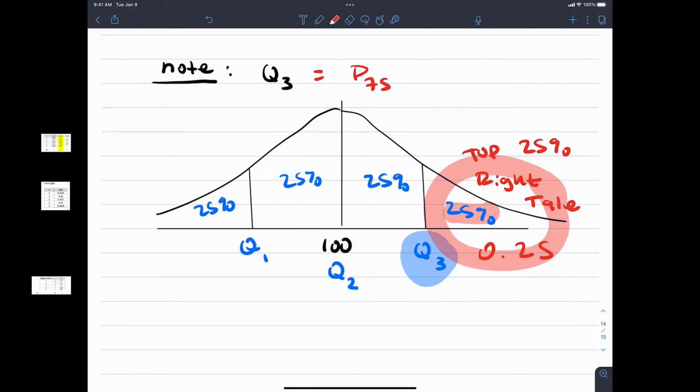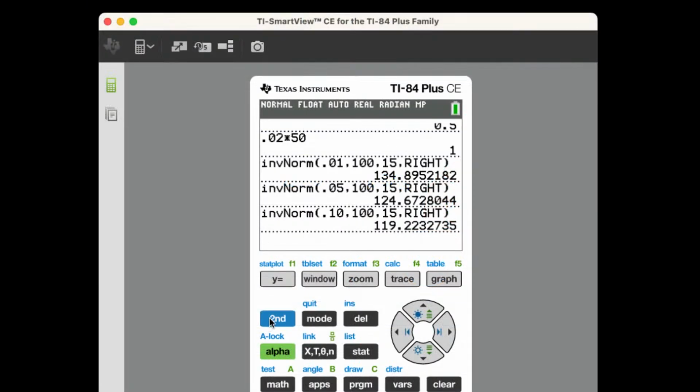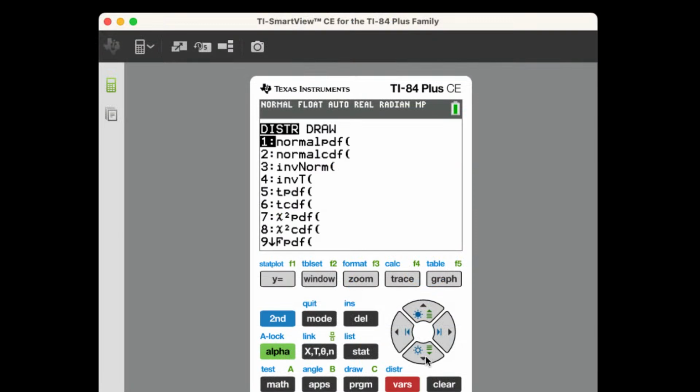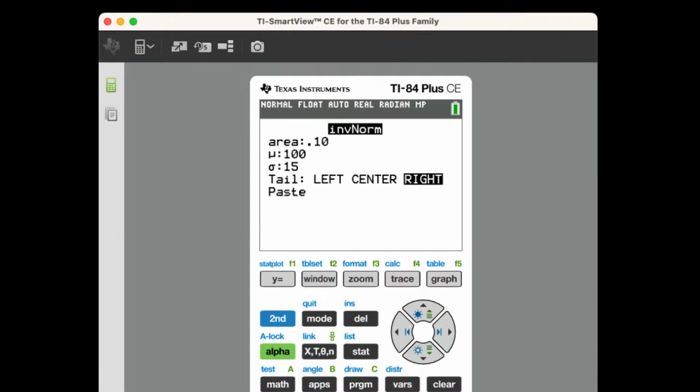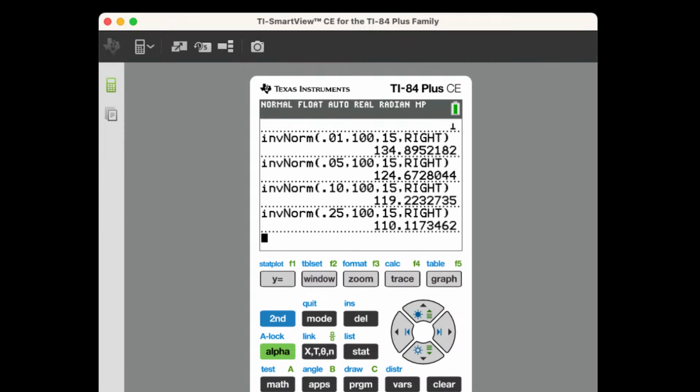So in the TI, what would you do here? Second distribution, inverse norm. This is 0.25, okay? This is area to the right. Paste that, and what do you get? To the nearest whole number, is that 110?